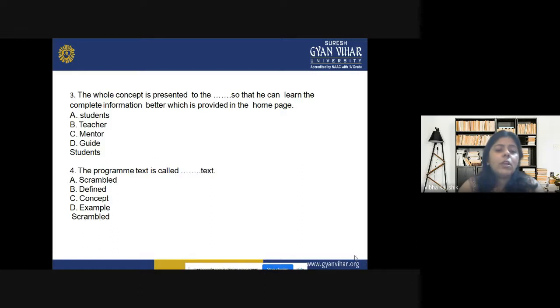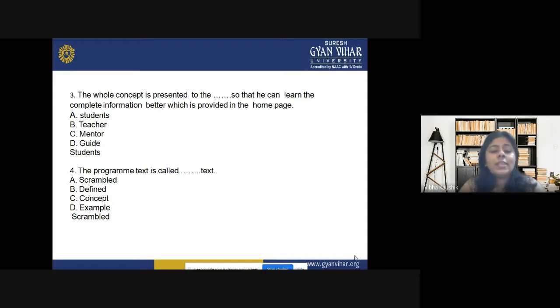Now the fourth one: the program text is called dash text. If a programmer is preparing through the branching method, then the program text is called dash text. So the options are A, scrambled, B, defined, C, concept, or D, example.